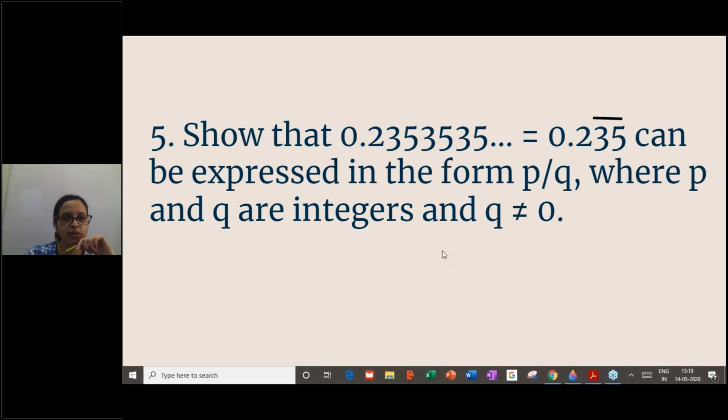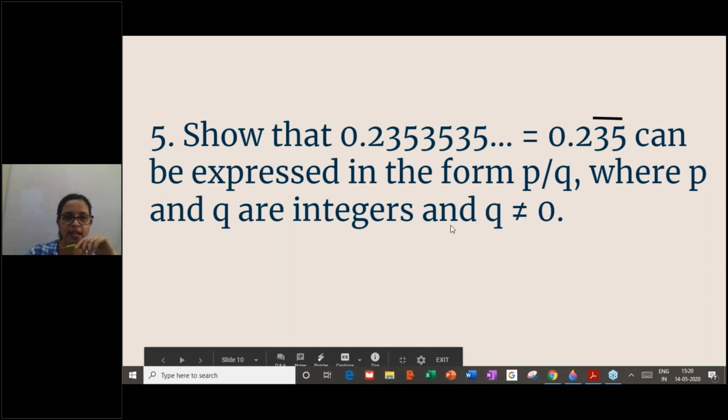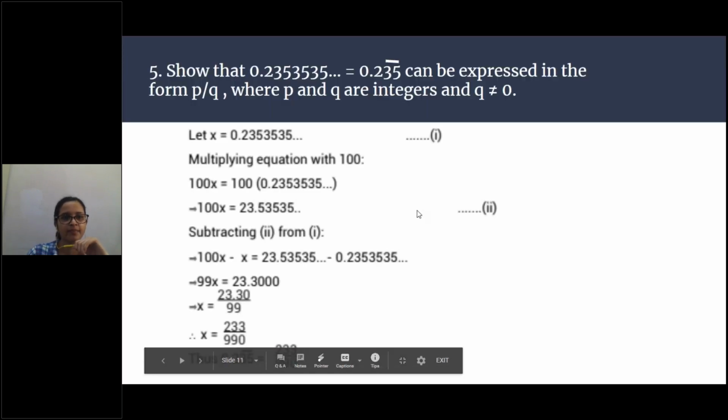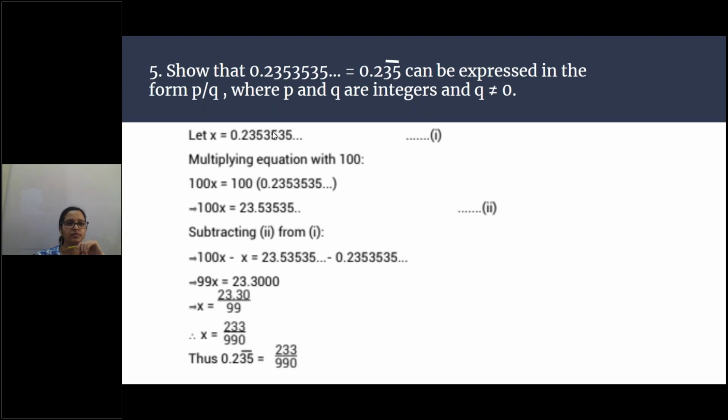Okay, guys, stuck. Okay, who is this? Abhishek is stuck. Why are you stuck, Abhishek? Okay, fine. I'll take you guys through the solution. So again, same thing. X is equal to, write it as 0.235. And now, what will you take? So 0.235, yes.